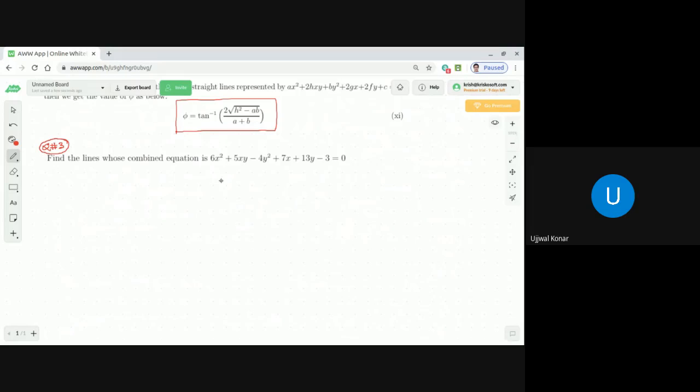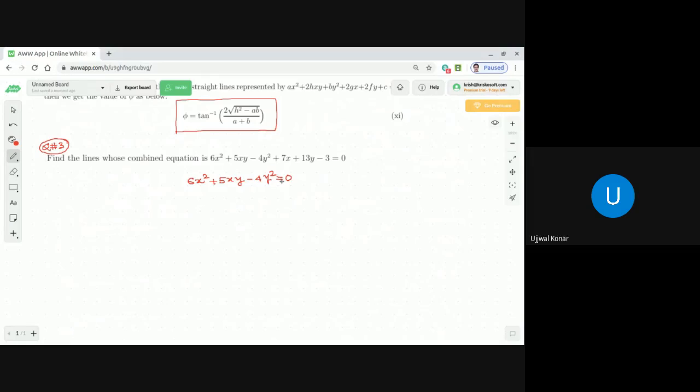So what will be the corresponding homogeneous equation? If you want to keep the coefficient of x², coefficient of xy, and coefficient of y² intact, then the corresponding equation should be 6x² + 5xy − 4y² = 0.